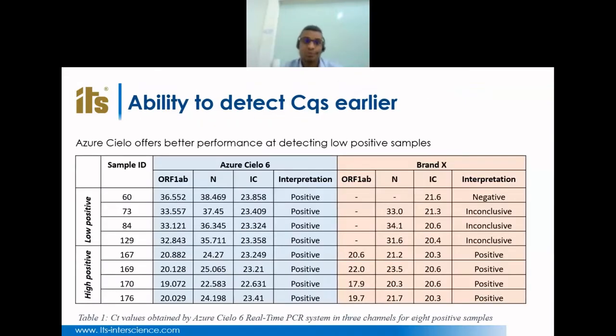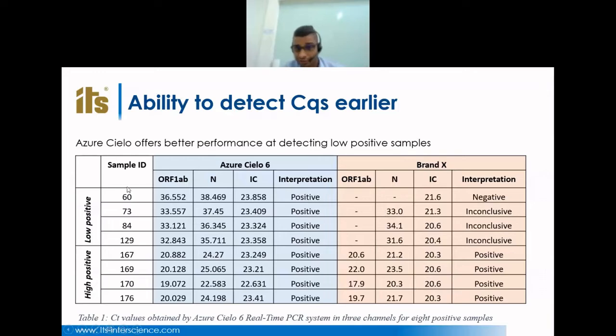So in ITS, we have done some of our own experiments. We compared the Azure Cielo to another competitor qPCR. We did SARS-CoV-2 detection using these two machines. And what we found was that the Azure Cielo was able to detect a lot more positive samples. You see in the blue box here, compared to that of the competitor in the pink box.